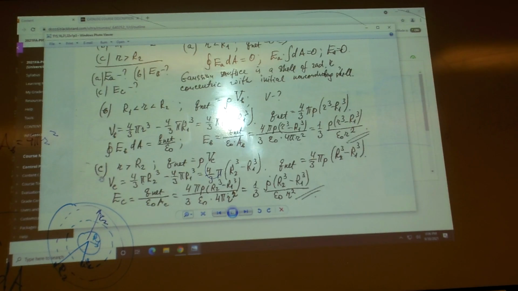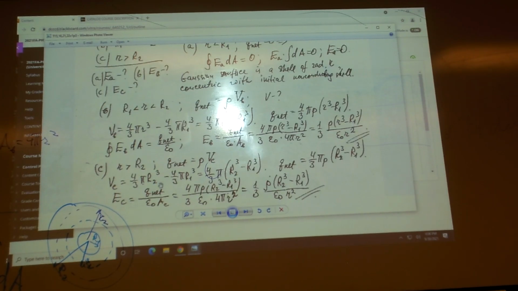Last case, when R larger than R2. If you would know total charge, you would write just Q over 4 pi R squared, and that's it, solution of the problem. But we don't know, we need to find the total net charge. So we need to find the volume occupied by the shell.